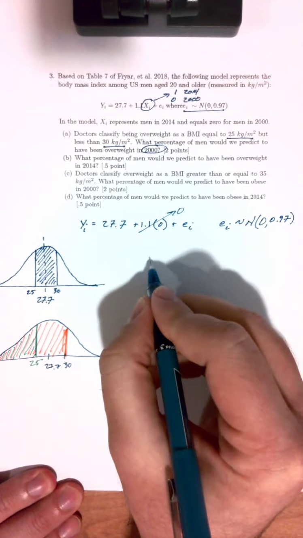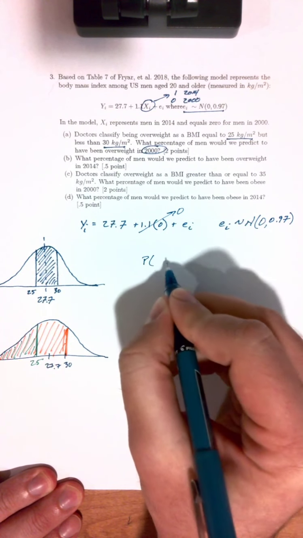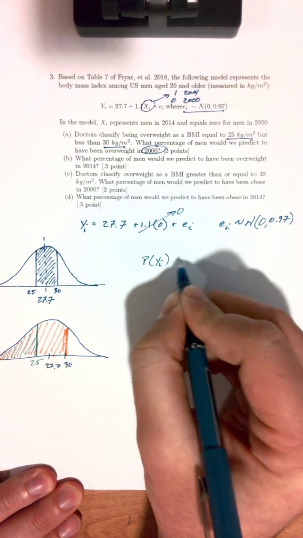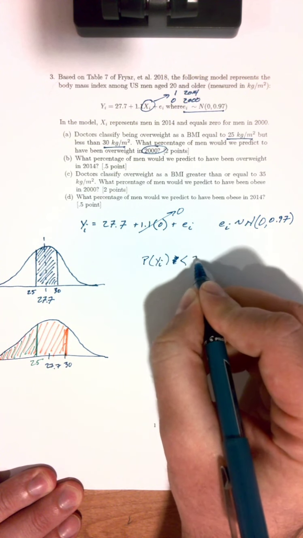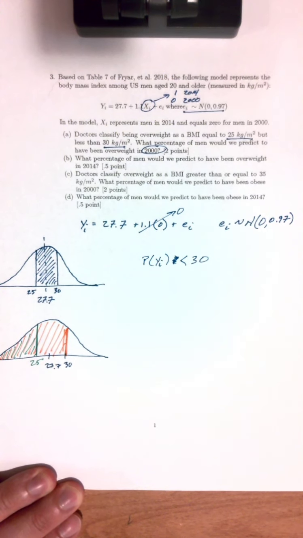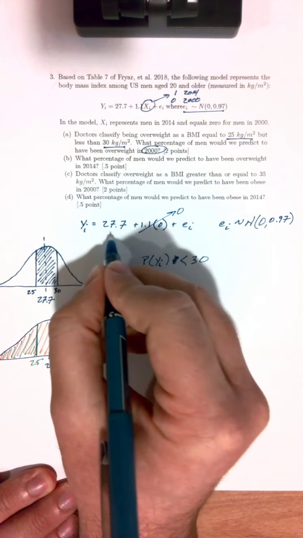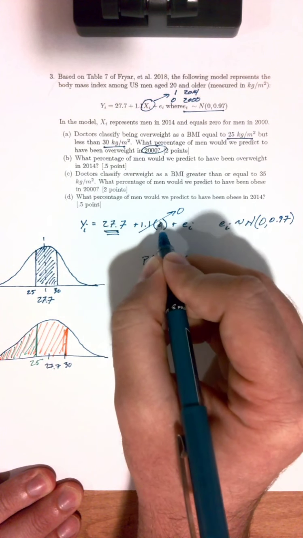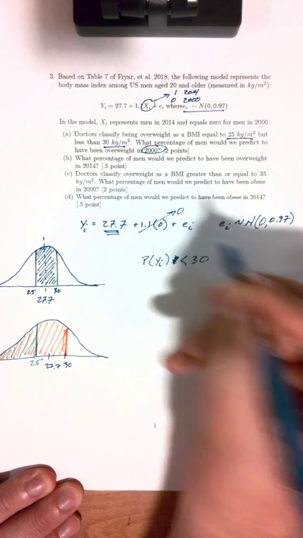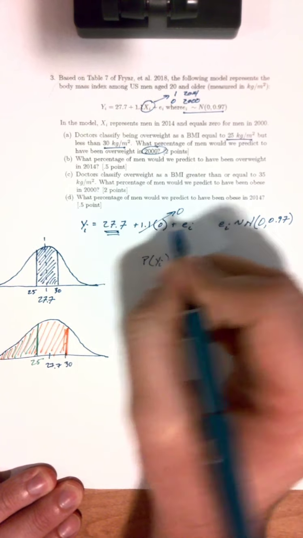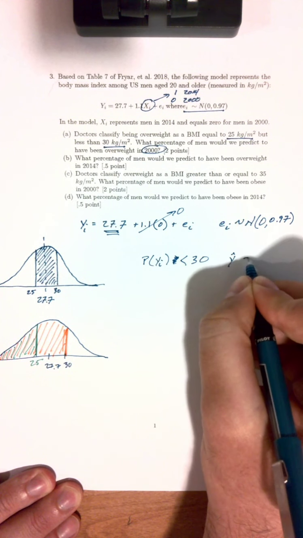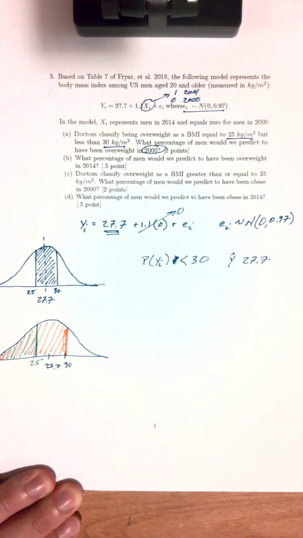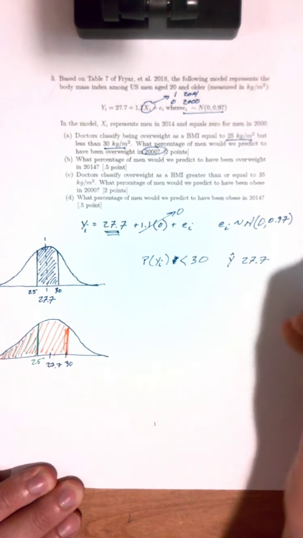So we want to find the probability that yi is less than 30. And we can do that based on everything we've already learned, right? Now that we've canceled out this part, our best guess is 27.7.